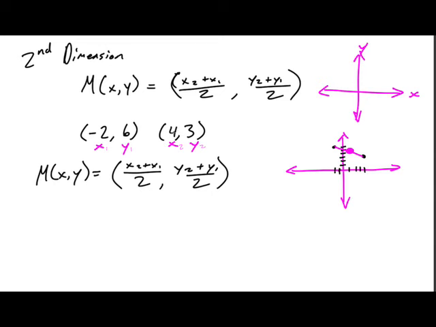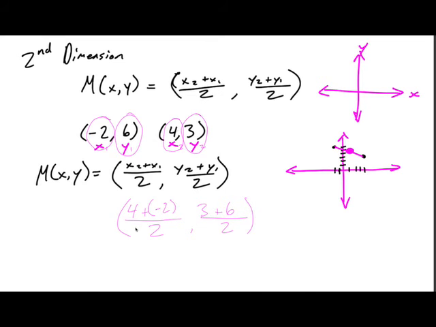So I have x2 first. My x2 is 4. So 4 plus x1, negative 2, divided by 2. y2, 3, plus y1, which is 6, divided by 2. And now let's solve for it.